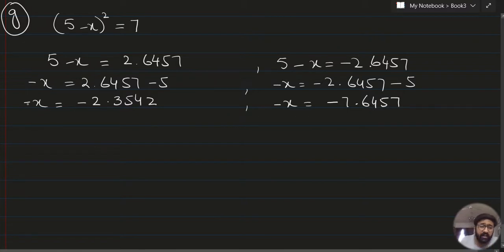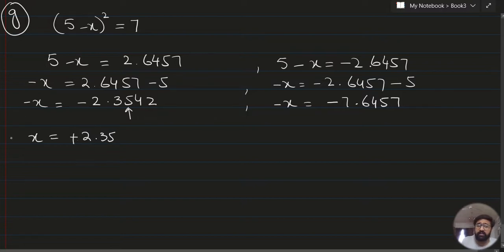For simplifying, the negative will go to the other side, it will get divided. The value of x is going to be minus 2.35, I'm rounding it off in this step, because the next number cannot round it off.